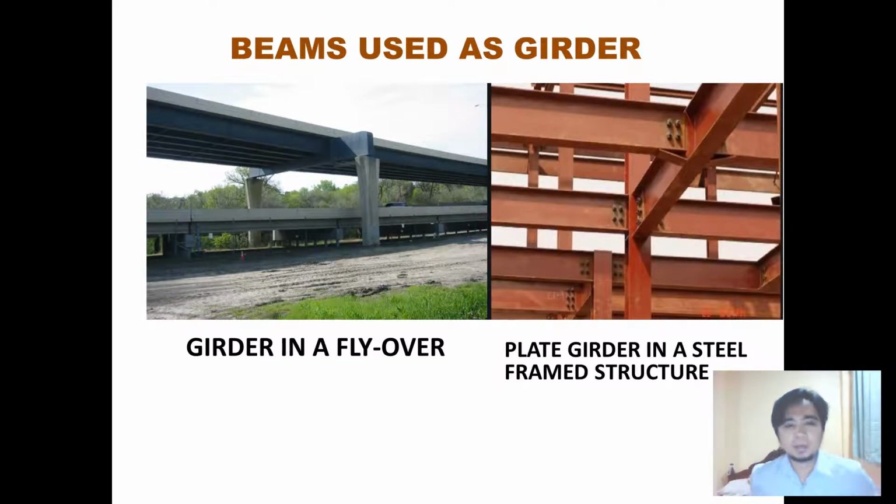Usually this is used in a flyover or in a building system having long span beams. Just to break the length, because as we have a longer span, there will be a deeper cross section.